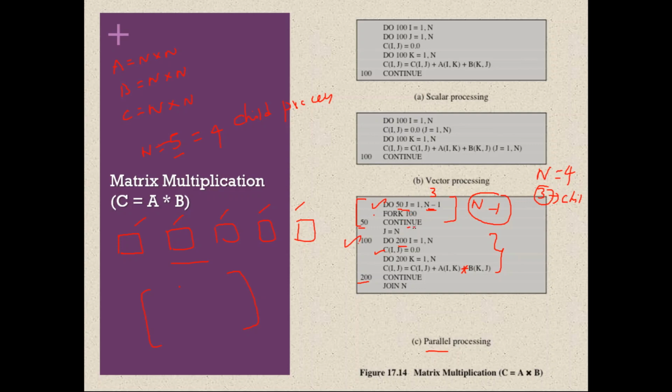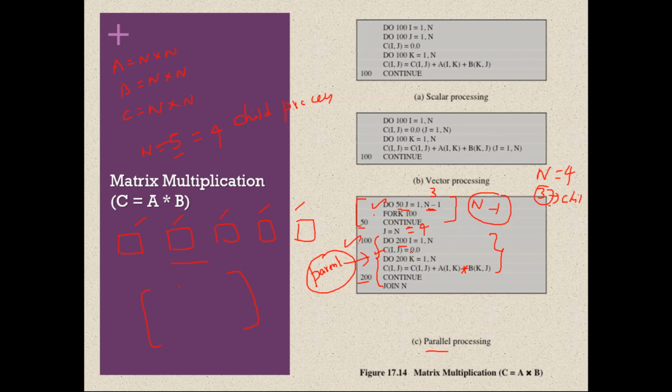After that it won't continue, it comes out, so j will become 4. When j becomes 4 also, this will execute. Here we are not stopping. This is the parent process, when j equals n. The parent process also executes the same thing. But apart from the parent process, there are 3 child processes. They are also going to execute the same thing.